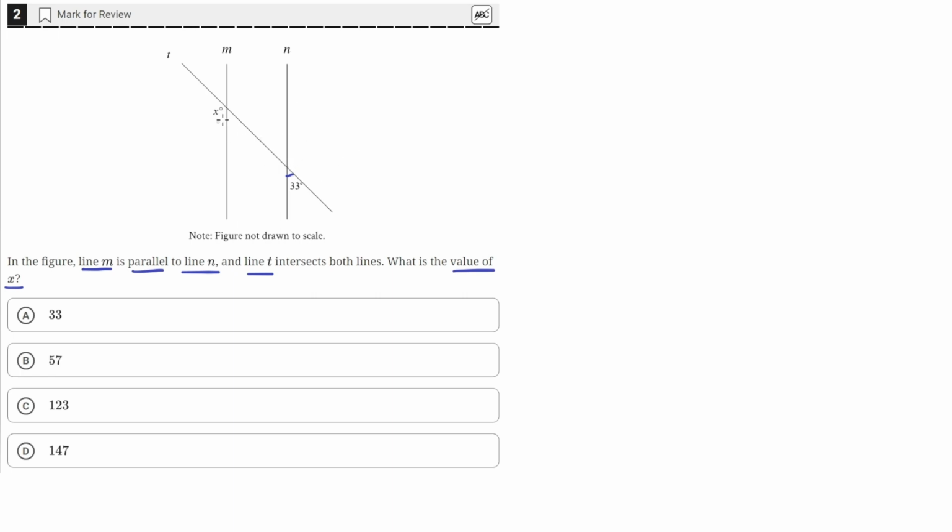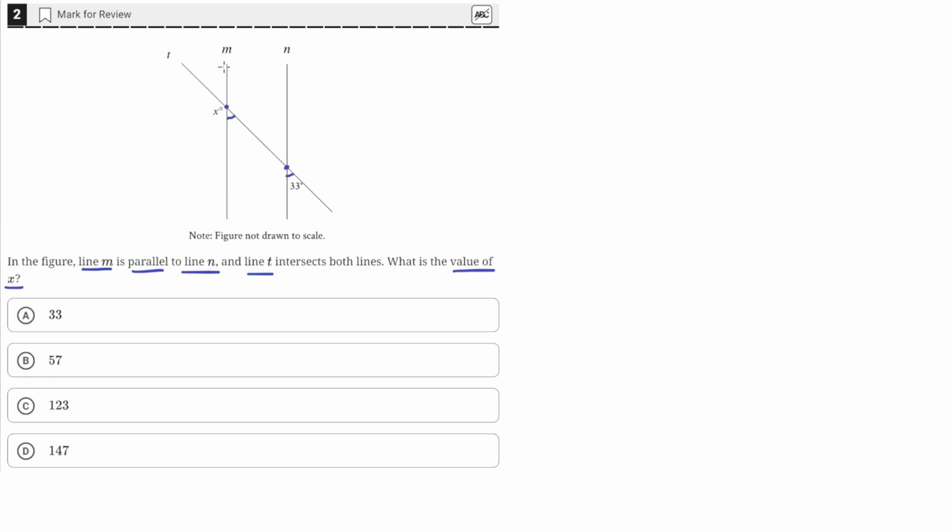So this 33-degree angle here corresponds to this angle right here. You can think of it as if you moved this intersection point and put it on top of this one. This angle and this angle would be overlapping. So that means that they have the same degree.